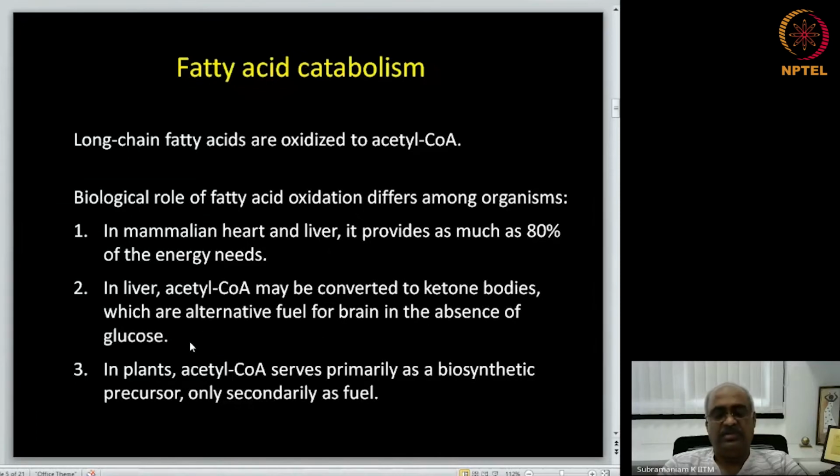We only focused on how the amino group is removed from the amino acids and how that is excreted. So we saw the nitrogen entry and nitrogen exit alone. And for the exit, we focused only on what happens in mammals, the urea cycle alone.